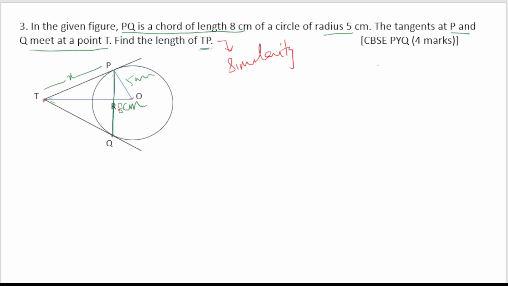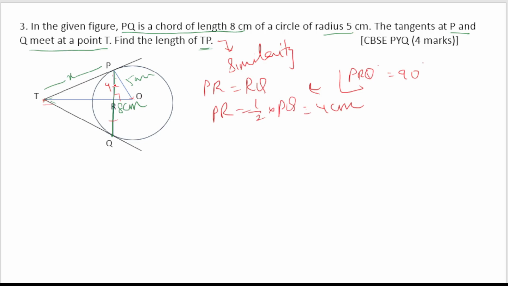So OT bisects PQ, that means PR is equal to RQ, and the angle PRO is 90 degrees. If PQ is equal to 8 centimeters, then PR is half of PQ, which is 4 centimeters.